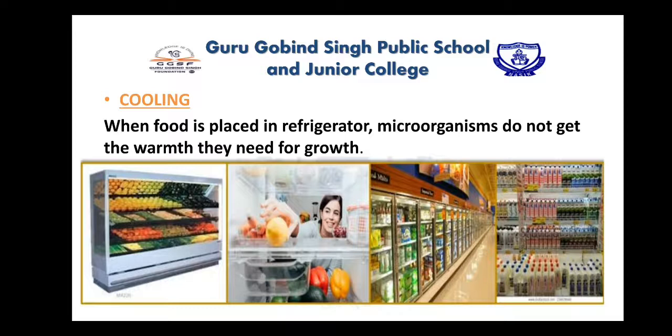Hence, we can preserve our food for a longer time and we can have it whenever we want. So, this is the second method of preservation of food, that is cooling. By using this method, we can preserve food, fruit, vegetables, juices, and many other foods.